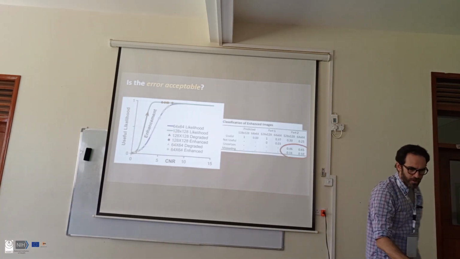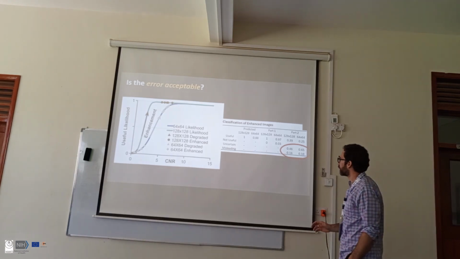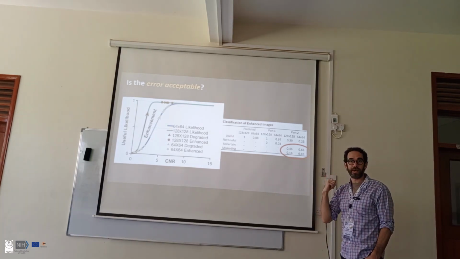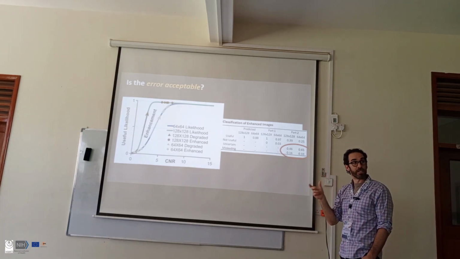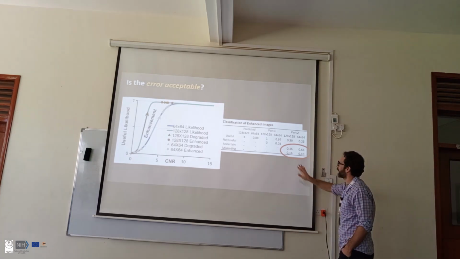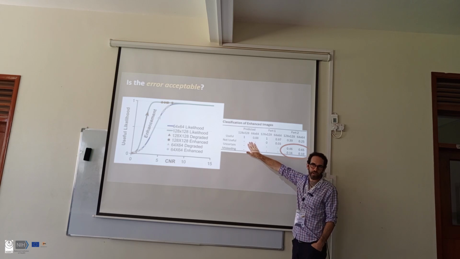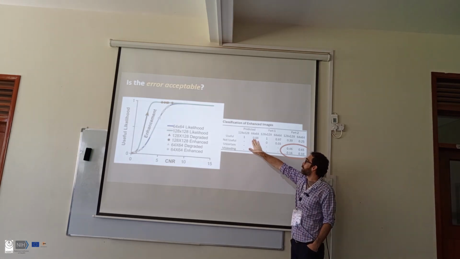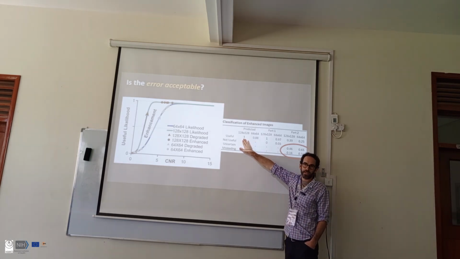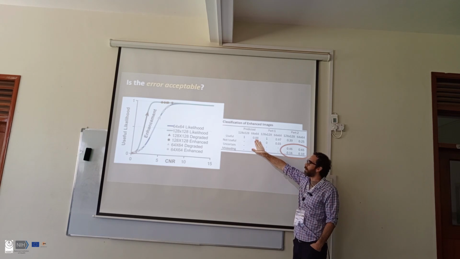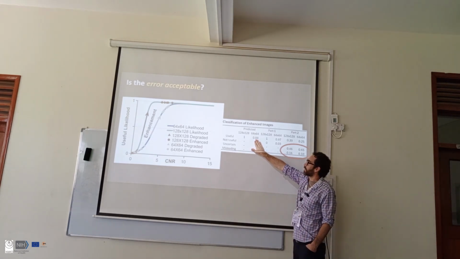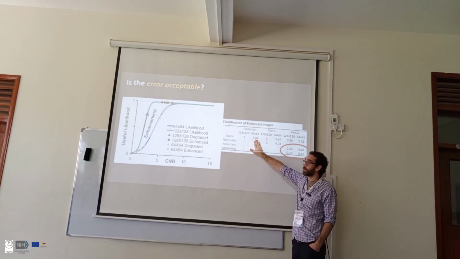But when you include part 2, where we go back and ask whether the errors were acceptable, we see this problem. And so what I have here is a table. This is the prediction. So based on the contrast to noise ratio alone, we predict that all of the 128 by 128 machine learned images will be considered useful by the surgeons. And close to 90% of the 64 by 64 images would be considered useful.